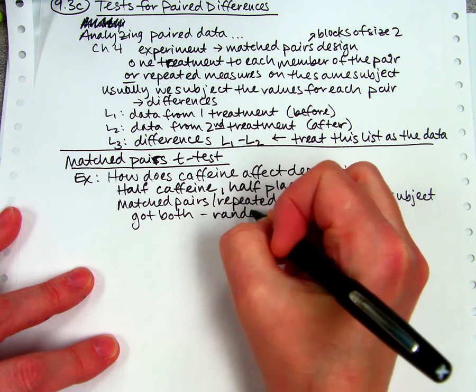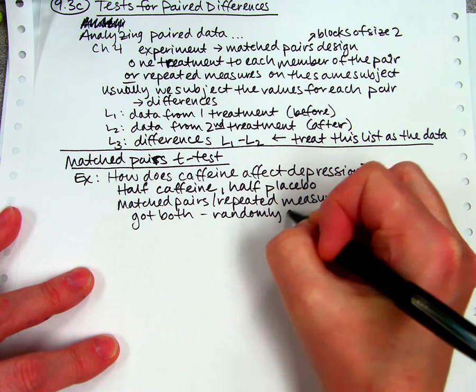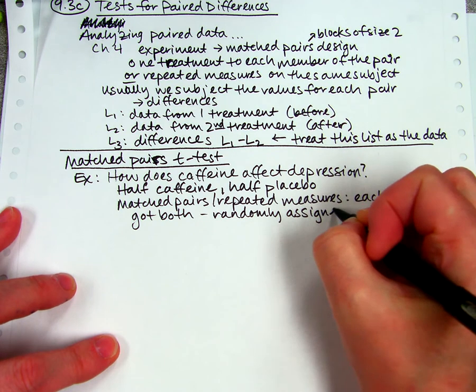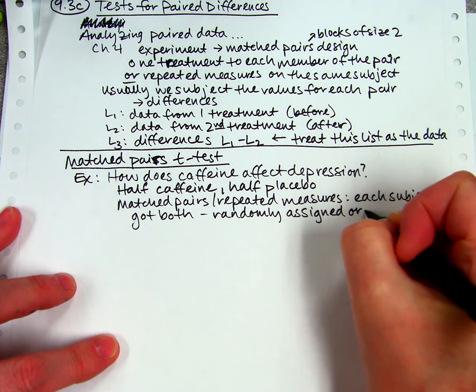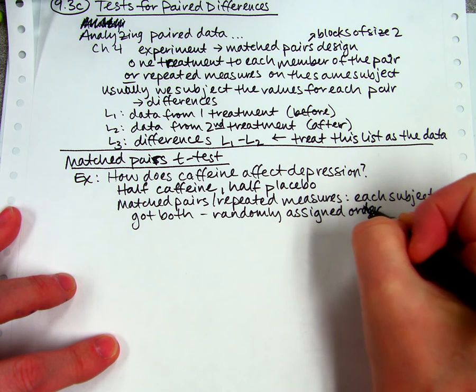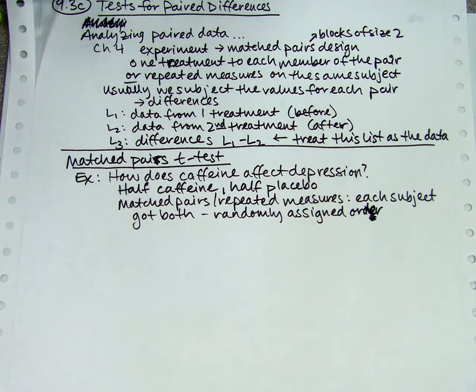You have to have some kind of randomness in there. So some of them got the placebo first and others got the caffeine first. And I think they put like a week in between to let their bodies readjust. Order is what I meant to say. Okay, so randomly assigned order.